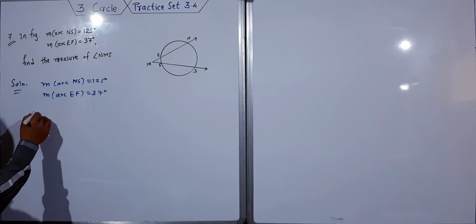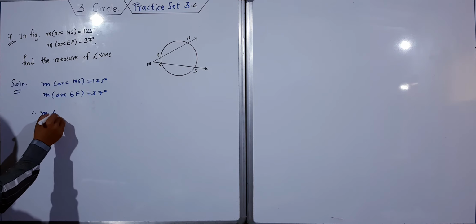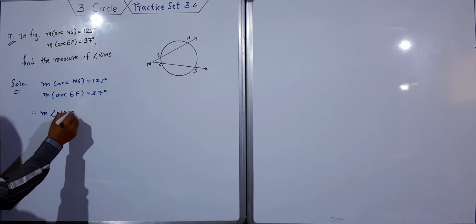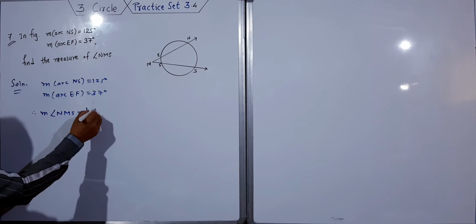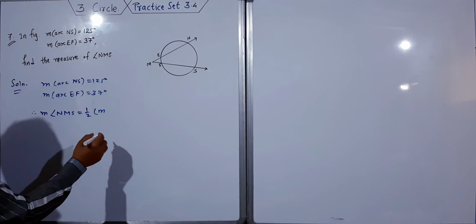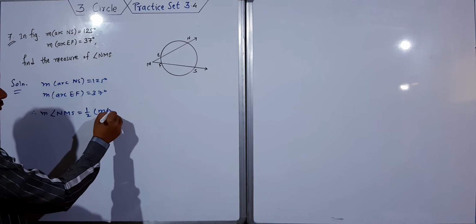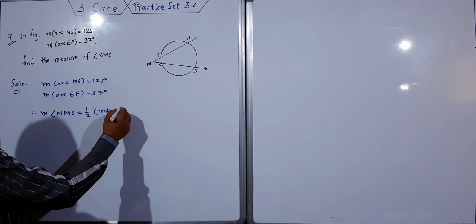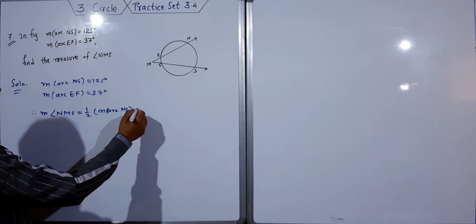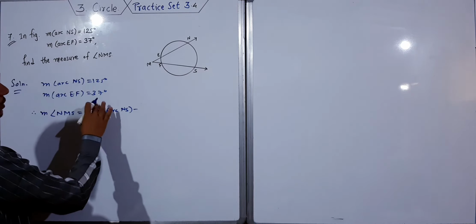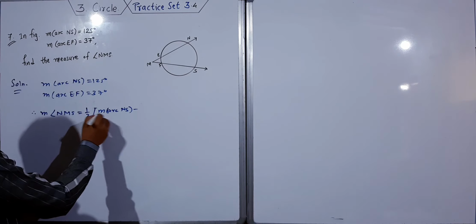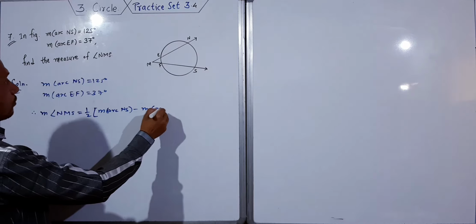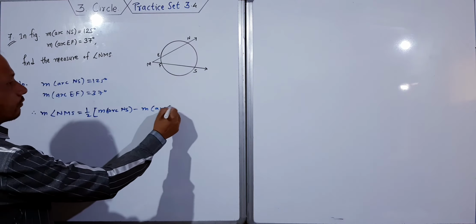Therefore, measure of angle NMS is equal to 1/2 measure of arc NS minus 1/2 measure of arc EF.